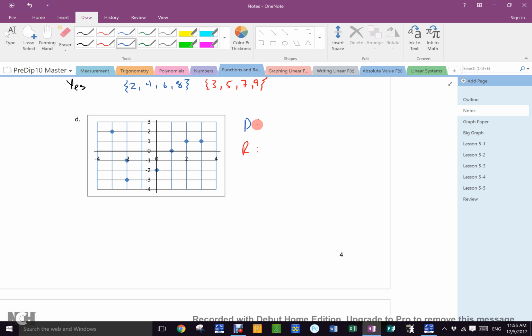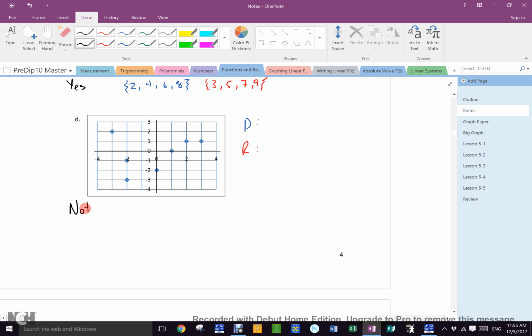Do we have an answer for me yet? Is it a function or isn't it? Yes and no are not words. No, of course it's not a function.